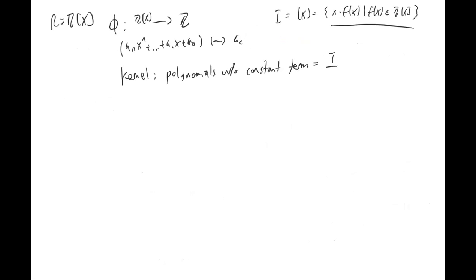And certainly the image of phi is Z. It's certainly surjective because 1 goes to 1, 2 goes to 2. The constant polynomials go to the constants in Z. So phi is surjective.